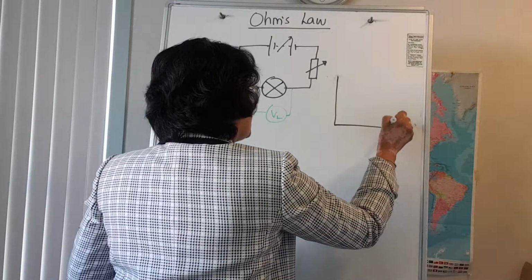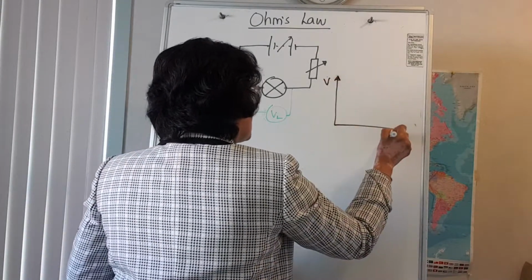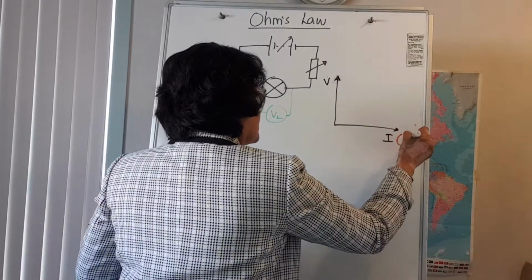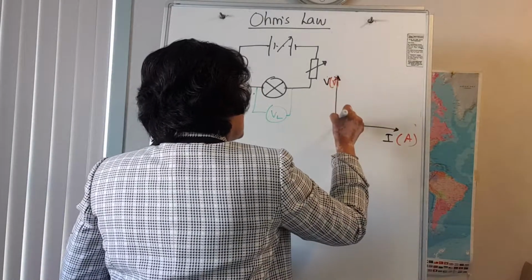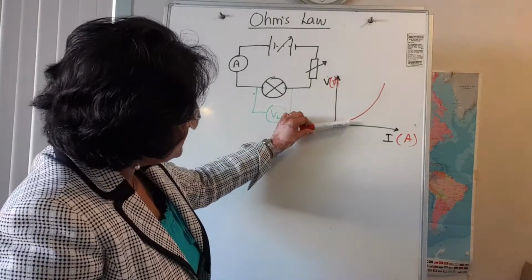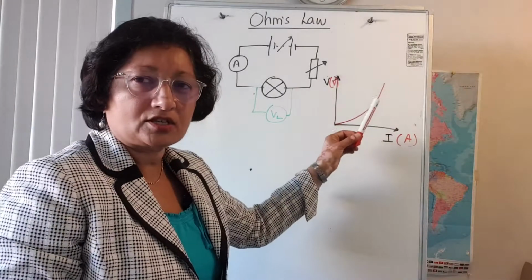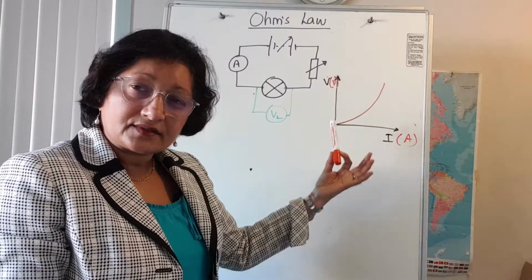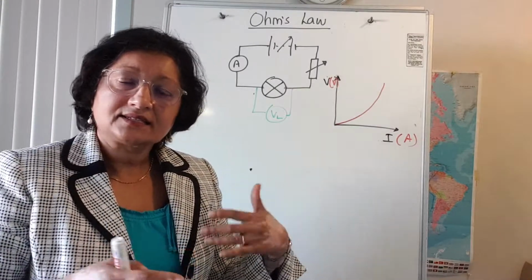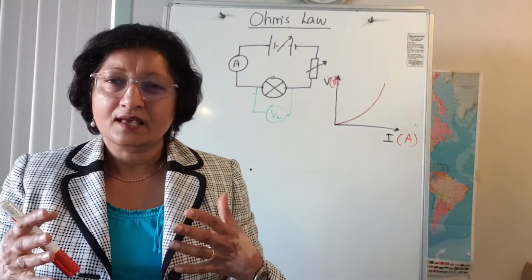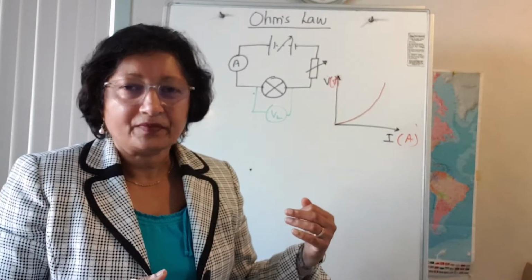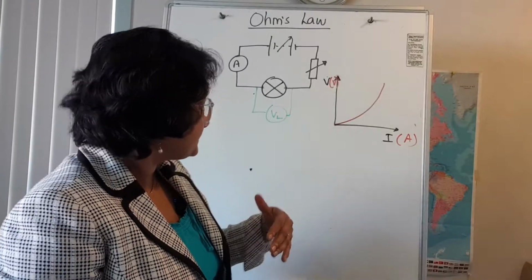In fact, with voltage in volts and current in amps, you have a graph that goes like this. If you look at it, the slope of the graph is changing. So that tells you that the resistance is changing. It implies that as the current increases, the resistance increases. Okay, so that's what this implies.